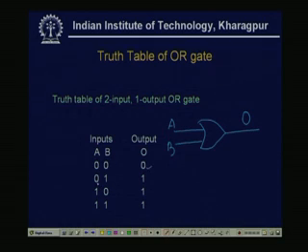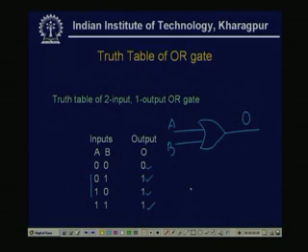If A is 0, B is 1 or A is 1, B is 0, if any one of the switches is connected, that means it is getting a path. So, output becomes 1. If both are connected, then obviously it is getting the path in both directions. So, this becomes 1. So, this is my truth table of the OR gate.